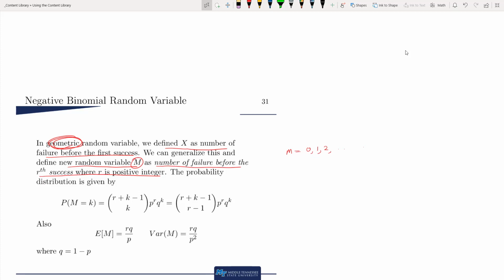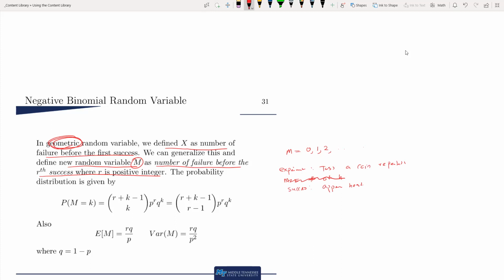For example, let's say you toss a coin and you are looking for a head. So the experiment is to toss a coin repeatedly, and the success is that a head appears.